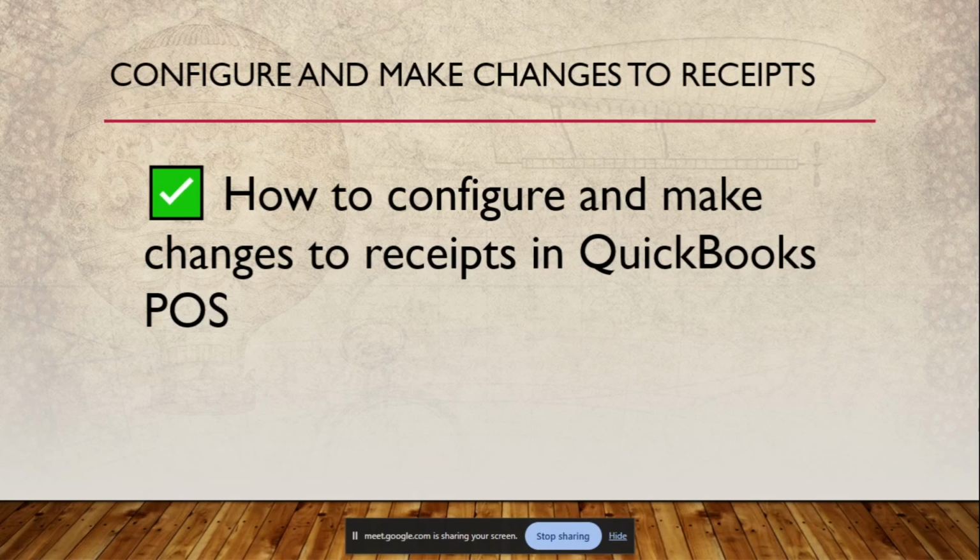find yourself in a situation where your client, or whoever you've deployed the system for, is complaining about the arrangement of the items or products, or how the products are being arranged on the receipt.